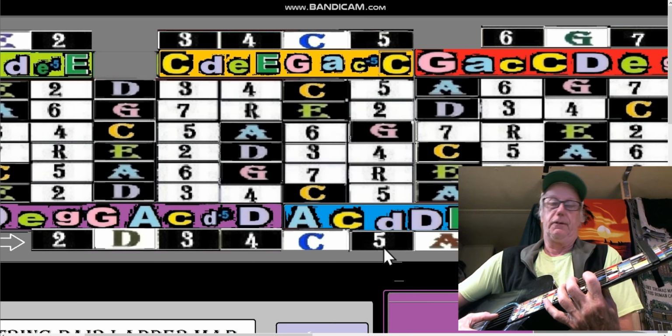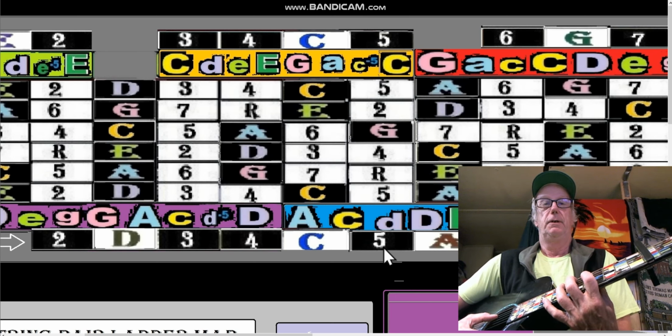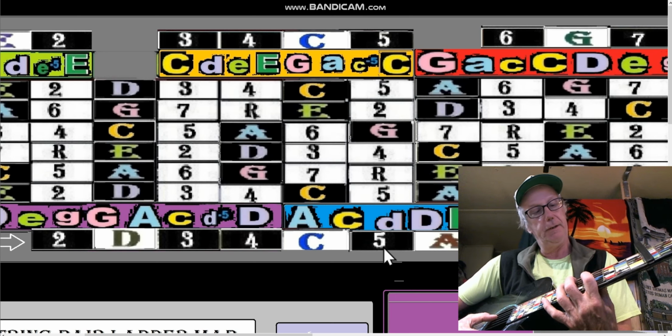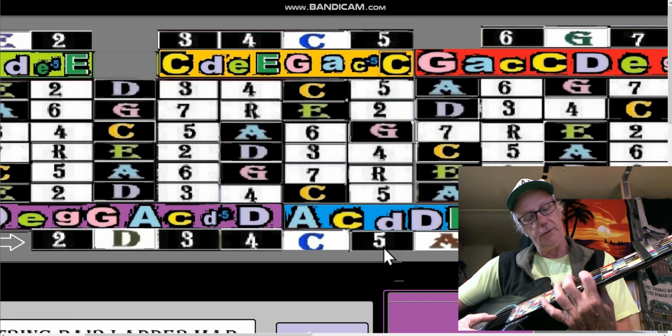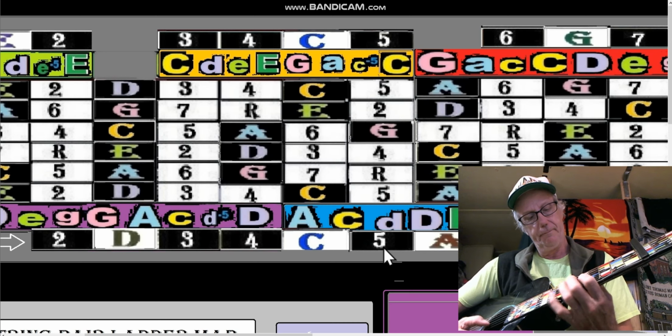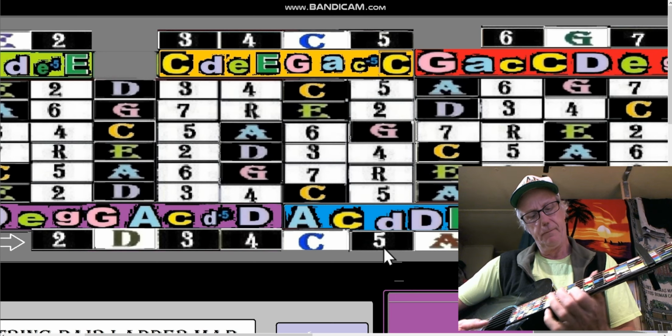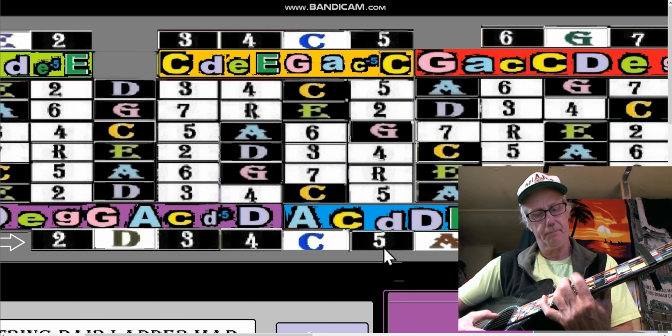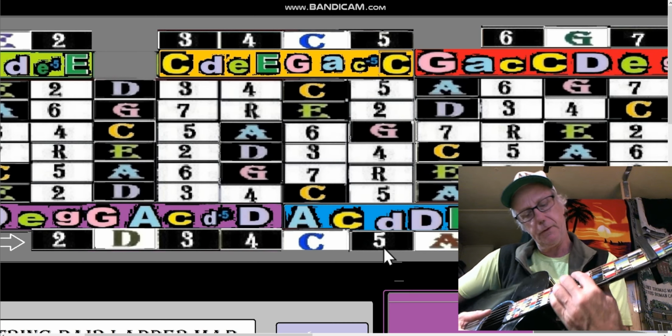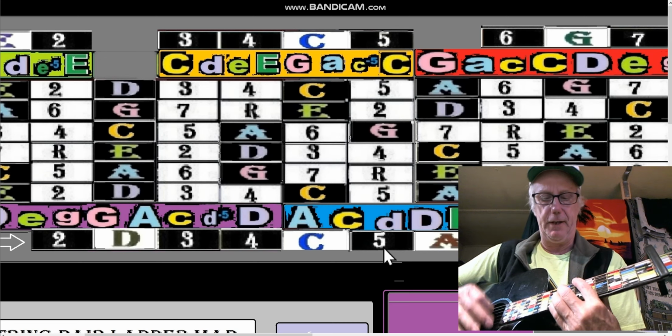And you can therefore start a C shape pentatonic there in B flat. I'll show you. I messed up there, but it becomes an A shape. So that should be an A shape in B flat.